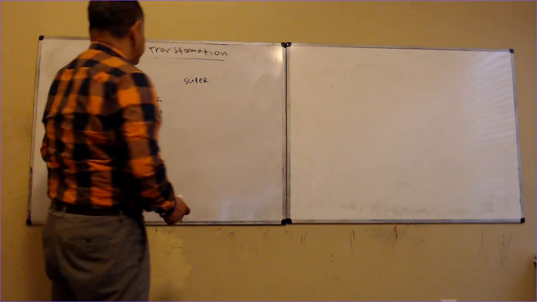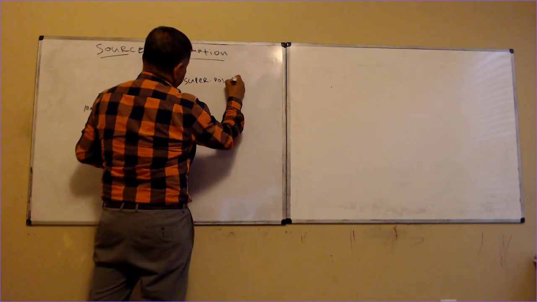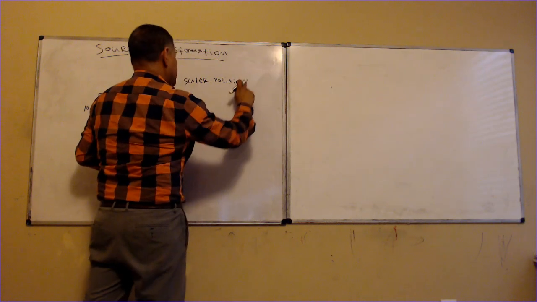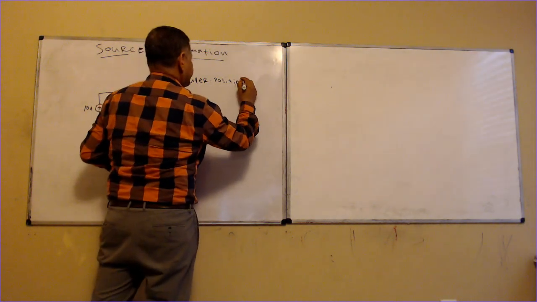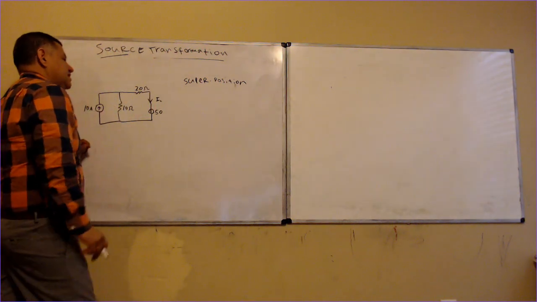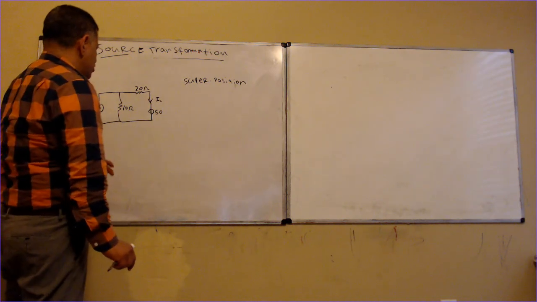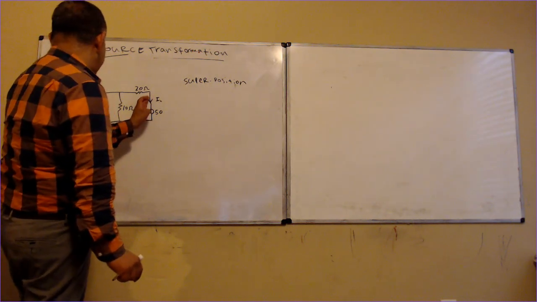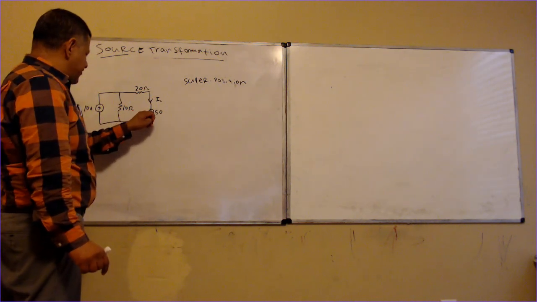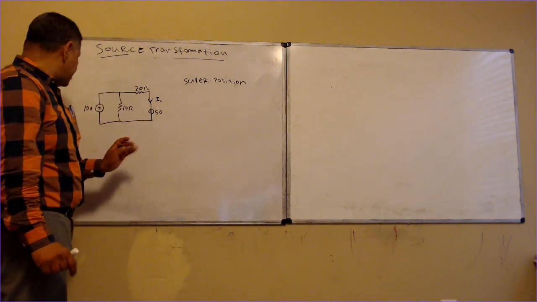So superposition tells me that I need to short one side. If it is a voltage source, I short it with a wire.